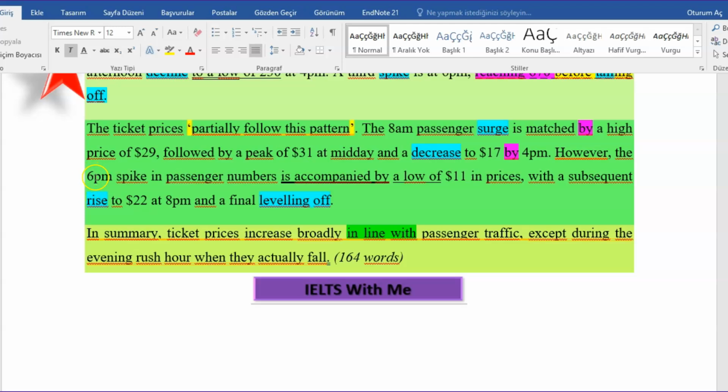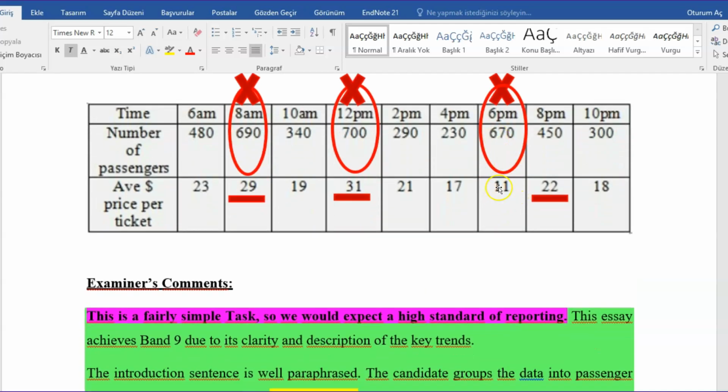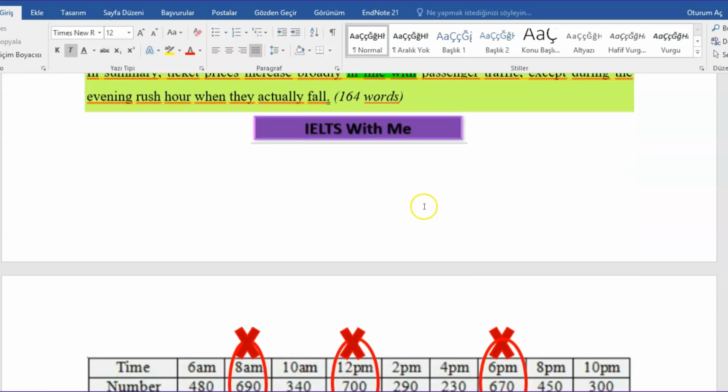The 6 p.m. spike in passenger numbers is matched by a low of $11 in prices, with a subsequent rise to $22 at 8 p.m. and a final leveling off.